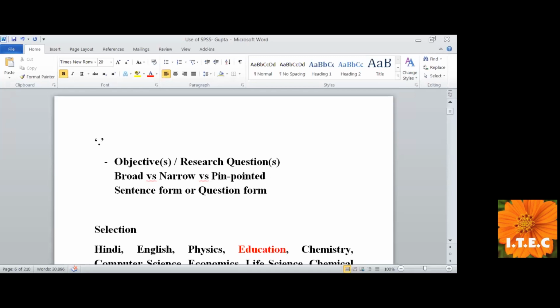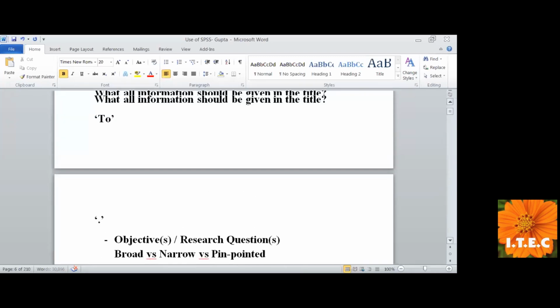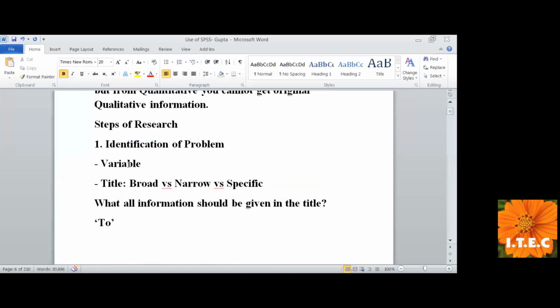The choice is yours. Now, I'm asking you one question and I will close today here. Under step number 1, should you first select the variable, then write the title, and then write the objective? Or should you first write the title, then decide the variable, and then write the objective? Or should you first write the objective, then decide the variable, and then write the title?